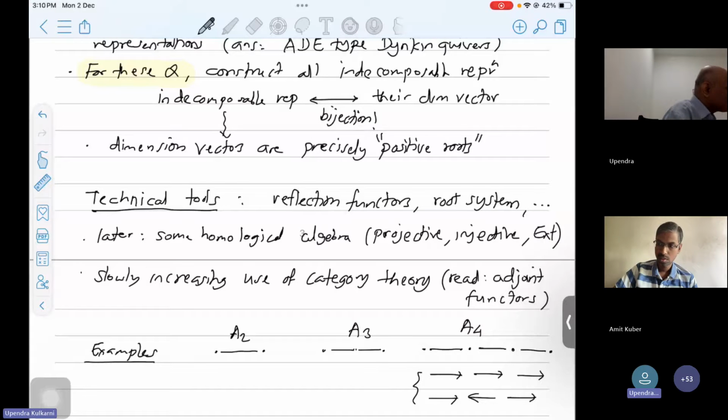In proving the theorem, how these reflection functors behave on indecomposable representations is going to be an extremely key consideration. So we will see this happening in specific ways.